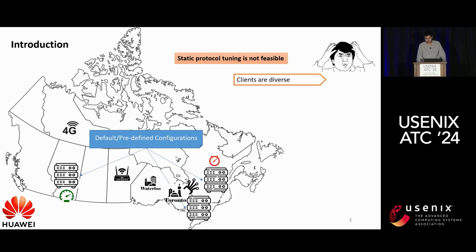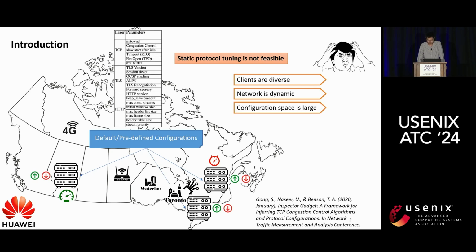First, clients are diverse based on factors like geolocation, ISP, and the network interface. As a result, they experience different network conditions, such as different bandwidth, different RTT, and different packet loss rates, which impact the performance and the effectiveness of protocol tuning.